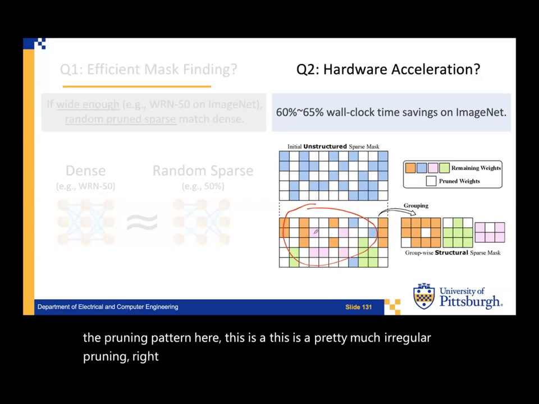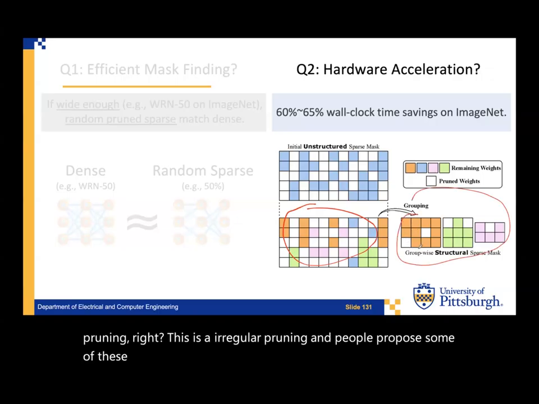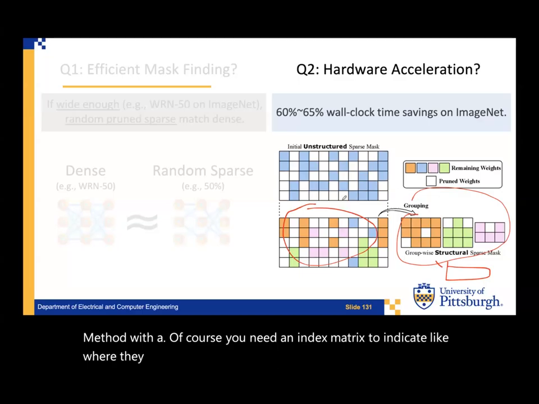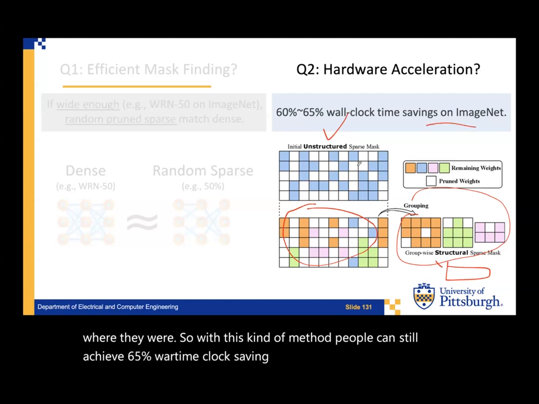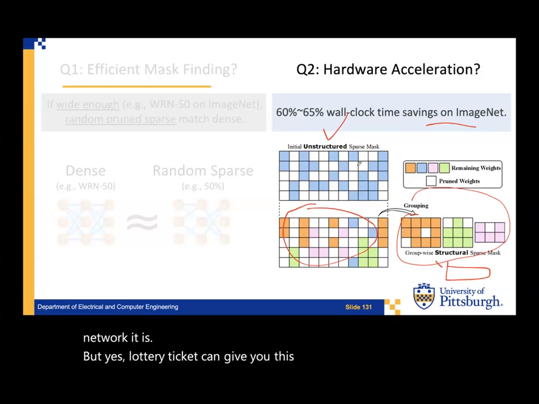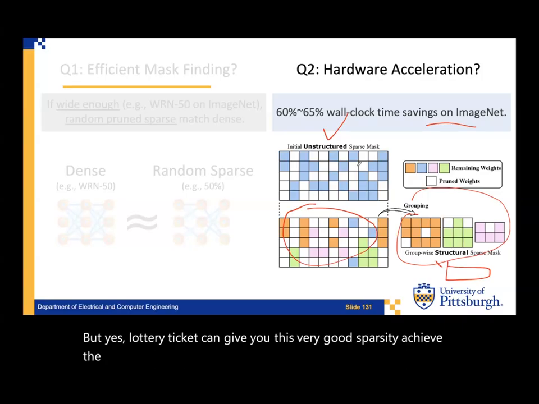People proposed some grouping methods, and of course you need an index matrix to indicate where the weights are. With this kind of method, people can still achieve like 50 to 65% wall-clock time saving on ImageNet. I forgot which network it is. But yes, a lottery ticket can give you very good sparsity, achieve the same accuracy as the original dense network, and still achieve actual speedup.